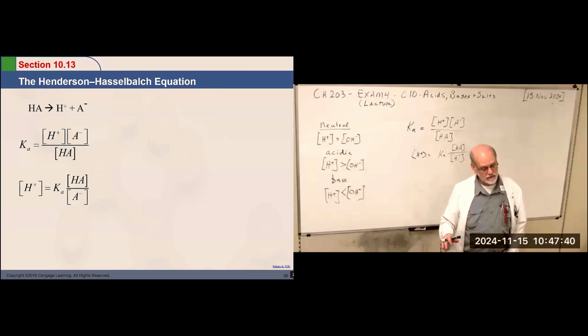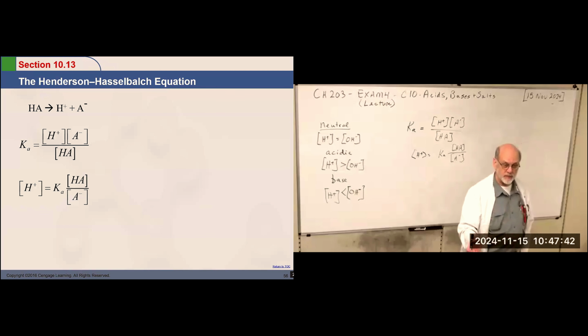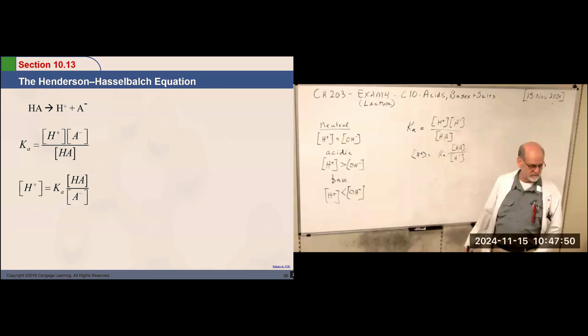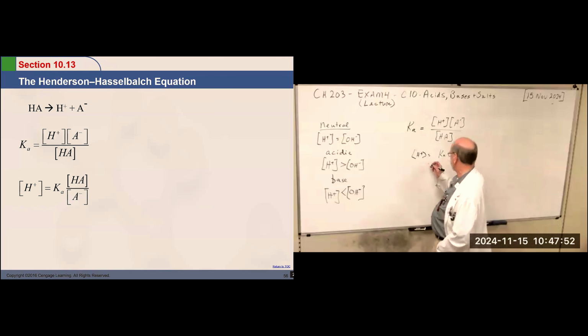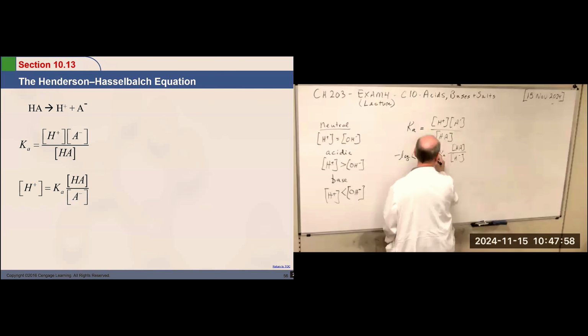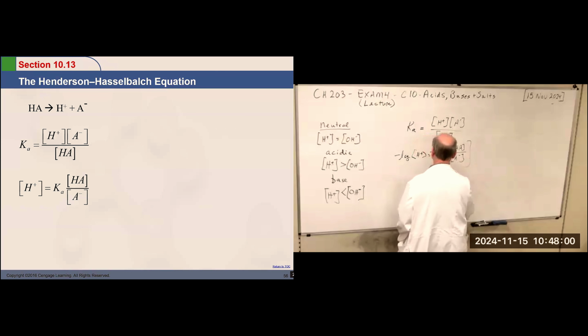Hasselbalch came along after Sorensen introduced the pH concept. So Hasselbalch took Henderson's expression, and he took the negative log of the whole equation. He took the negative log of this side, and the negative log of this side.